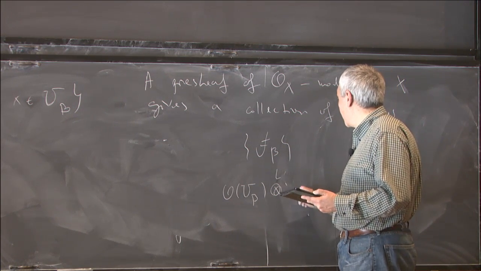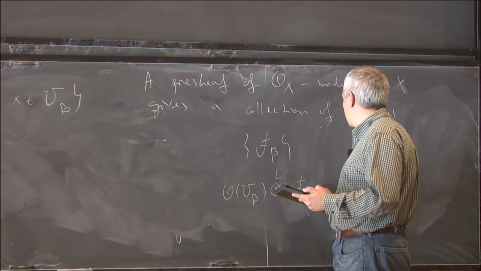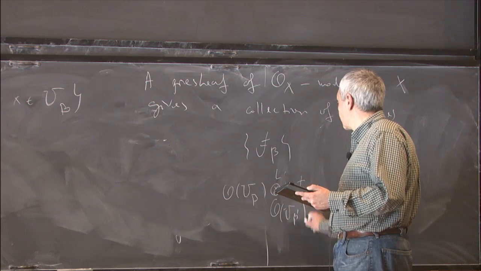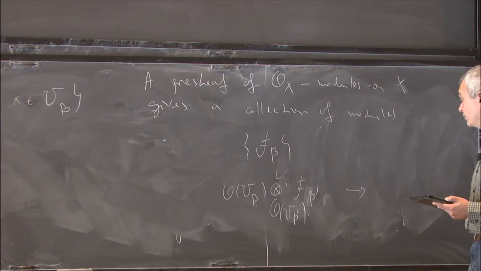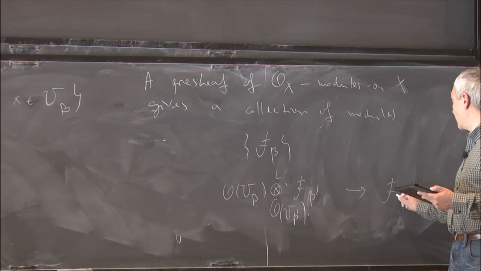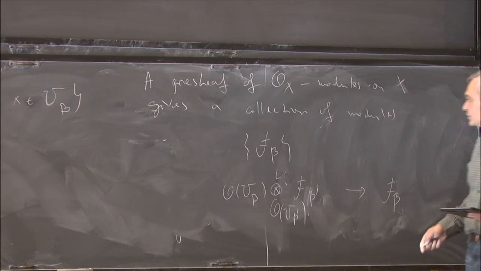And if you look at the tensor product of those going from one open to another, then you get natural maps.